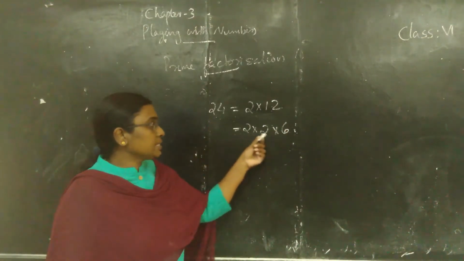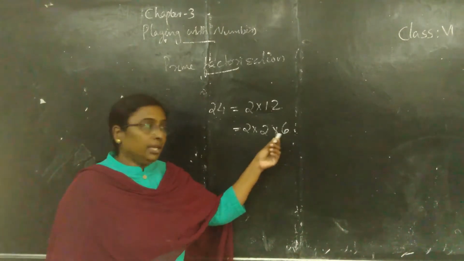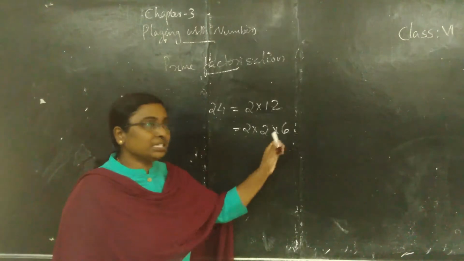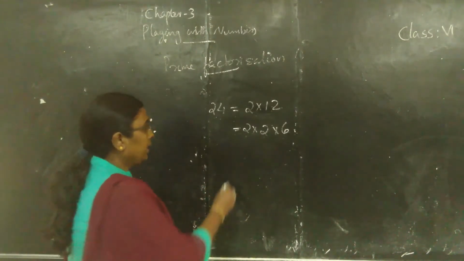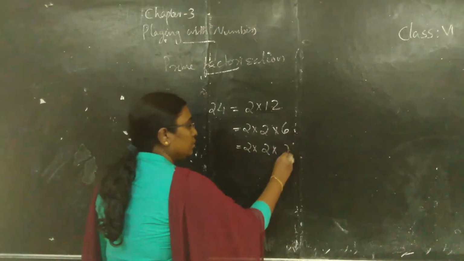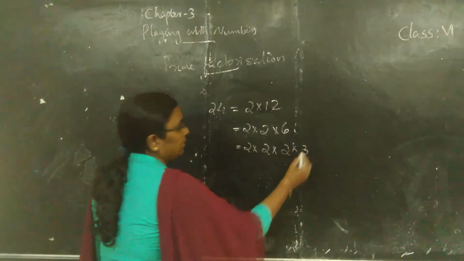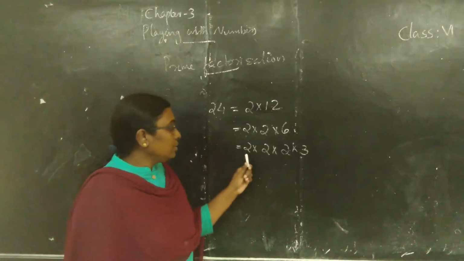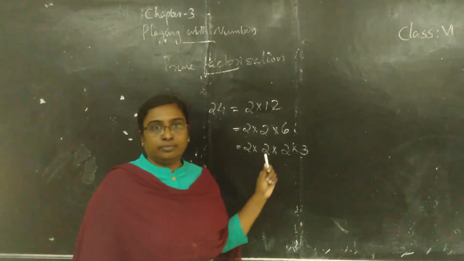Again, 24 is expressed as a product of factors. In this case also, this 2 is a prime number, 6 is not a prime number. Again, 6 equal to 2 into 3. So, 24 equal to 2 into 2 into 2 into 3.